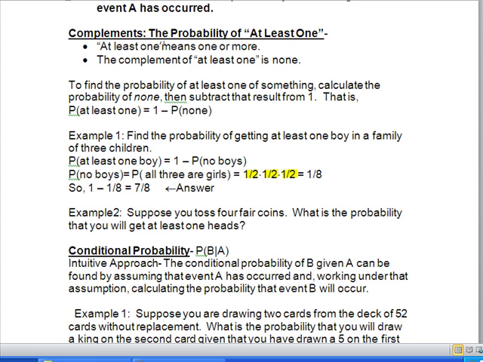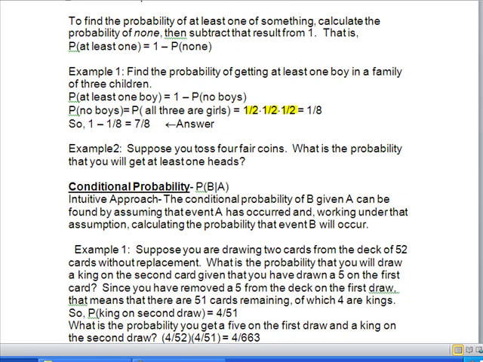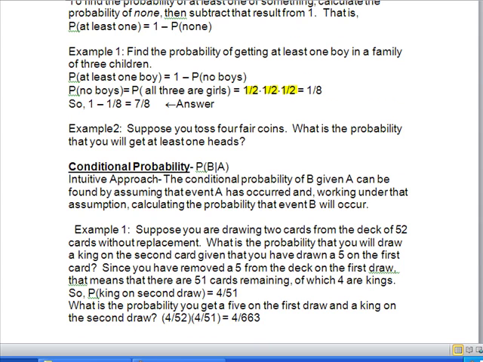Alright, so suppose you toss 4 fair coins. What is the probability that you get at least one heads? Take a moment to think about that. Alright, so the probability of at least one heads equals 1 minus the probability of no heads. So we're tossing 4 coins.